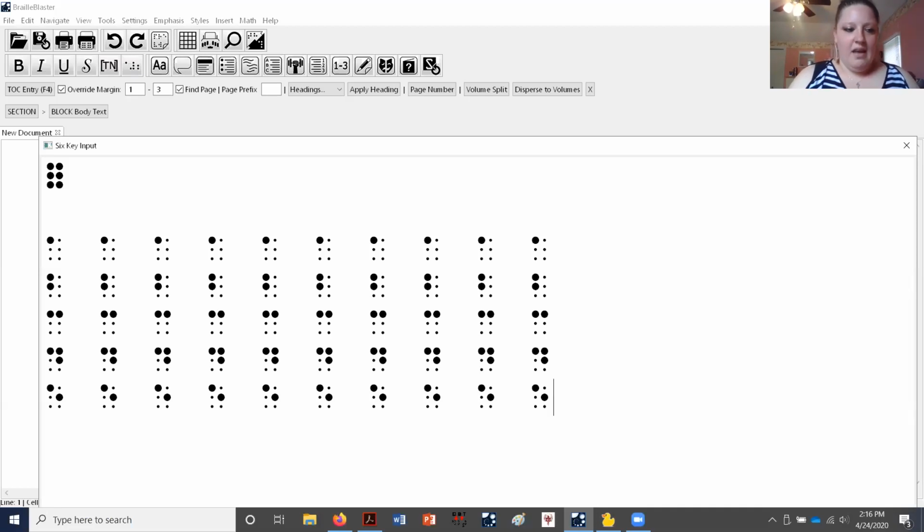So again, that's dots 1, 5, and that's letters F and K together. And if you're on a Braille writer, it is your left pointer finger and your right middle finger. That is the letter E.